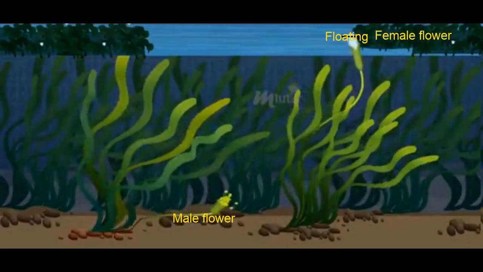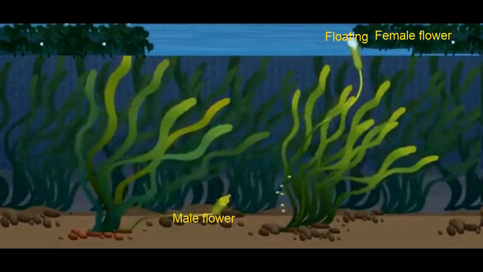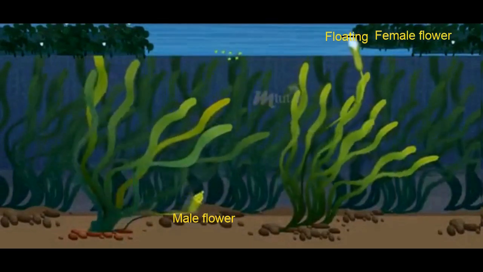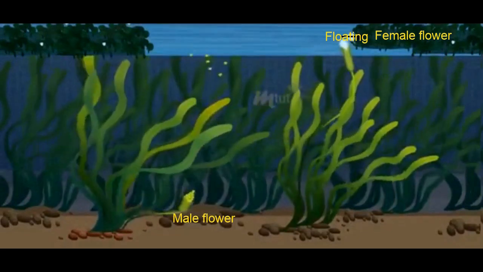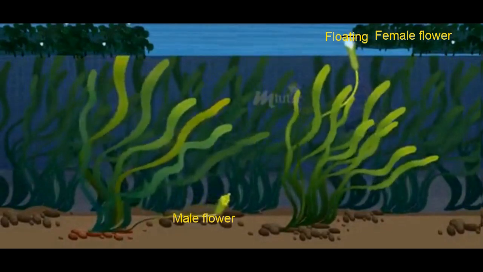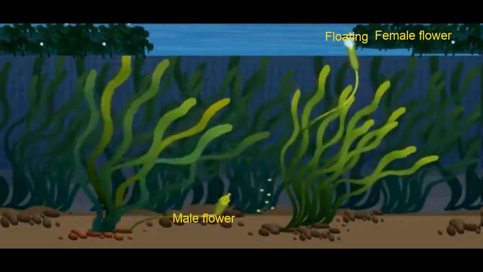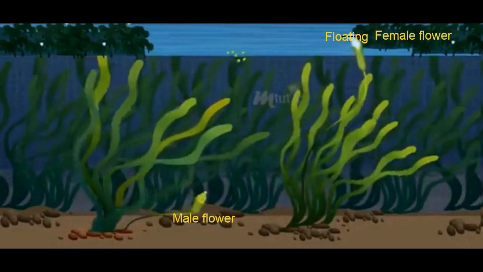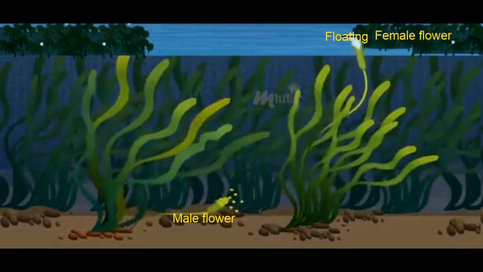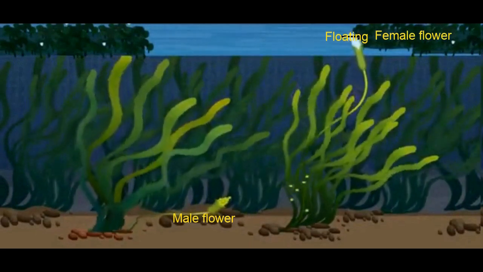We will now watch how pollination in Vallisneria takes place. Pollination is epihydrophilous. We know it is a type of hydrophily which occurs on the surface of water. You may see the female flowers of Vallisneria have a very long pedicel reaching the surface of water.